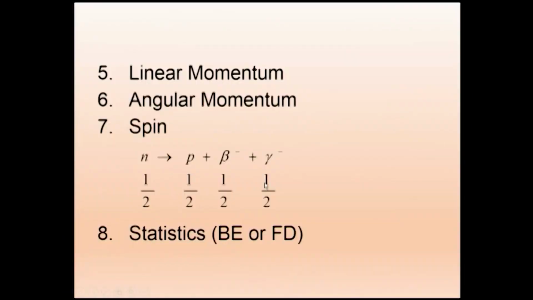In certain other reactions, if one side is 1, the other side will also be 1. So the statistics is also conserved. Parity is conserved in all strong interactions, and in weak interactions it is violated. We have already seen in beta decay that parity is violated in weak interaction.